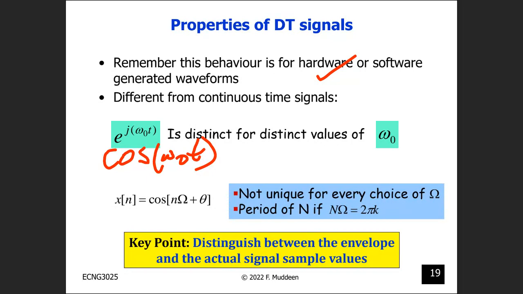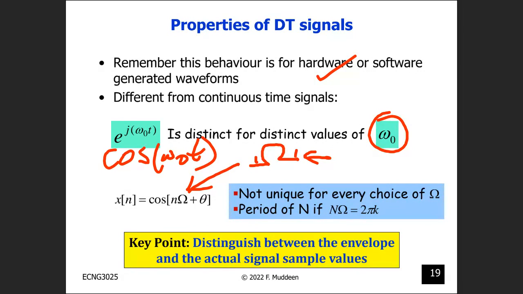This is the first time you're going to see this: we're going to start using capital omega to distinguish the frequencies in the discrete time domain from the lowercase omega in the continuous time domain. Whatever value we pick of capital omega is not unique for every choice, and it is periodic with a period of 2 pi. Okay?